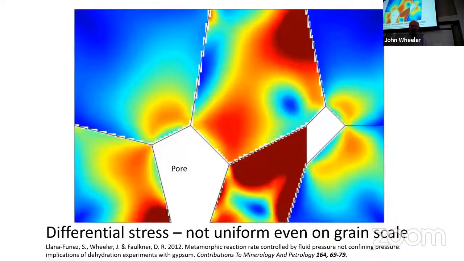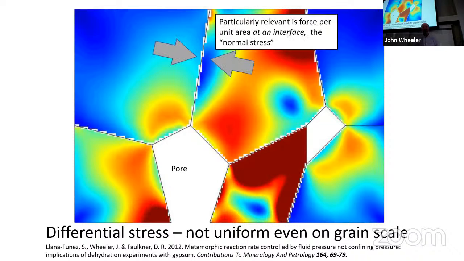So stress on the scale of the Earth is not uniform, but when you zoom into the scale of grains, you have to consider a whole other scale of non-uniformity. But the good news is that there's a real role for interfaces in rocks: they are where all the action happens.